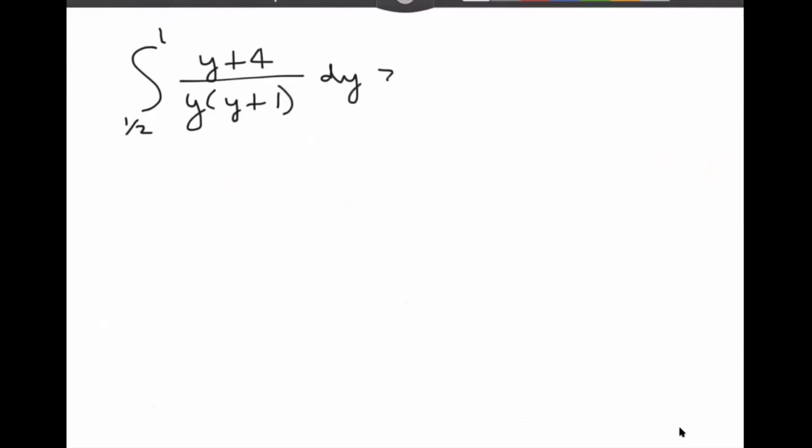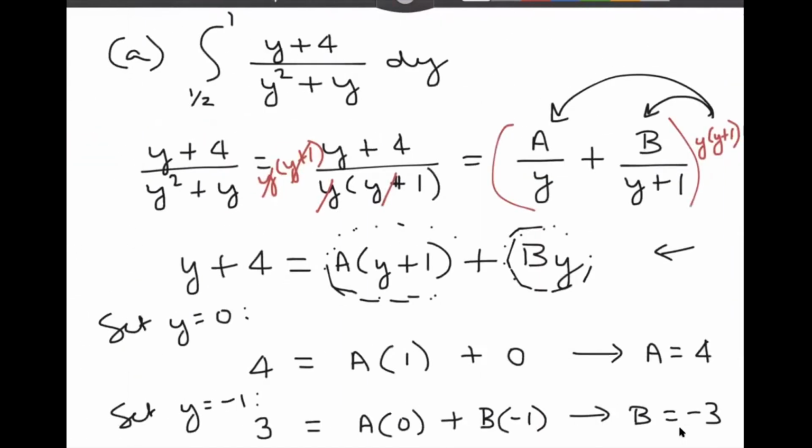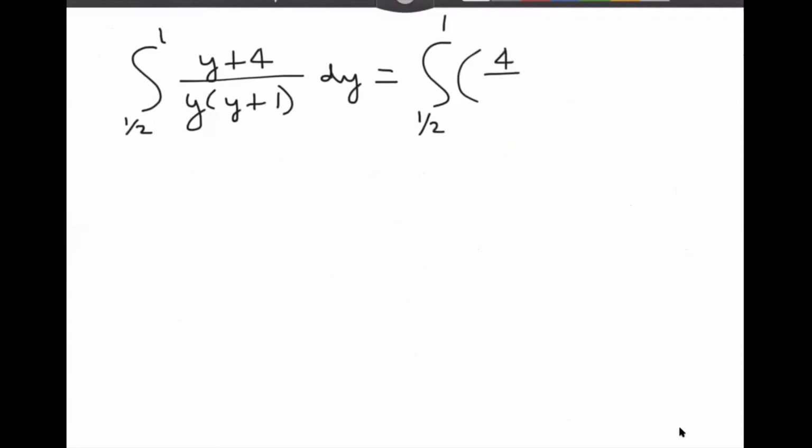All right. So here's what we have. We can now take our original integral, the integral from 1/2 to 1 of y plus 4 over, I'll write the denominator like this. No special reason. Okay, and that becomes the integral from 1/2 to 1 of, let's just make sure it was a over y, and a is 4, so 4 over y minus 3 over y plus 1 dy.